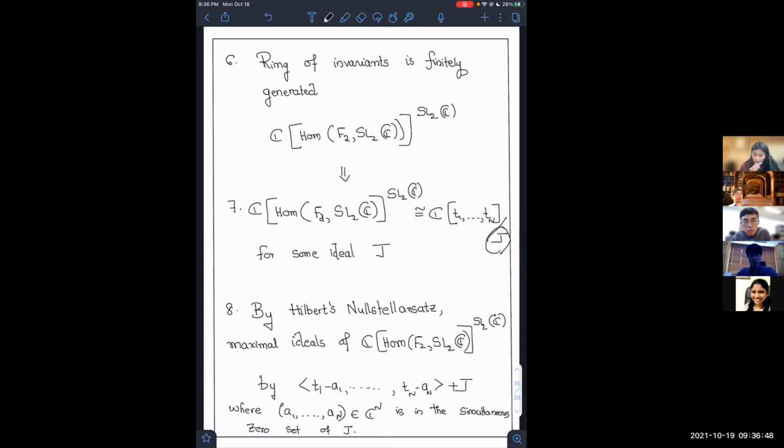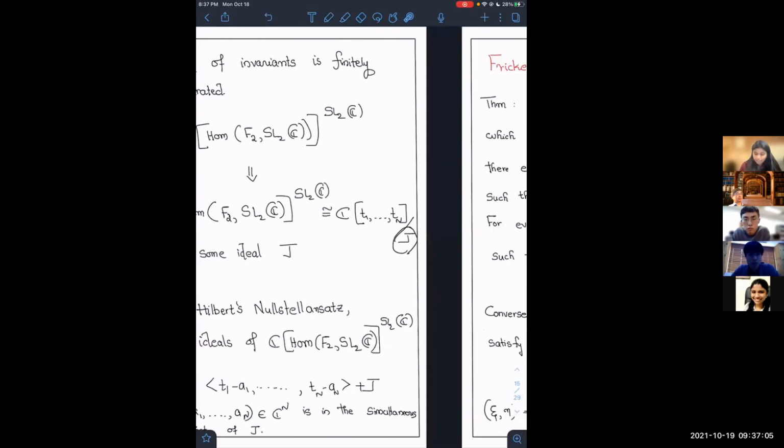But how do we compute this specifically? How do we know what number n is, how to calculate this invariant ring, and what gives the invariant ring?